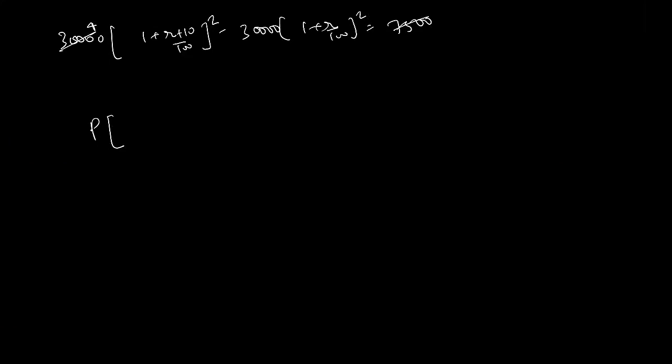So 4 into A square minus B square. So what is A minus B? This is whole A, this is whole B. What is A plus B?